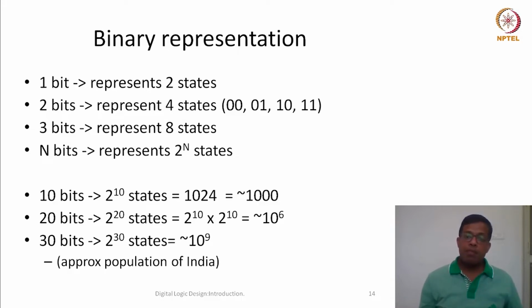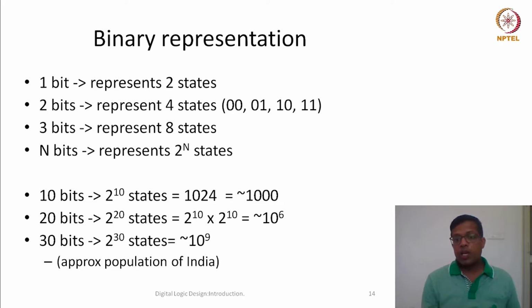When you buy memories, these are written as 1 kilobyte, 1 megabyte, 1 gigabyte, 1 terabyte. 1 kilobyte means 2 to the power 10 bytes, so it's around 1000.